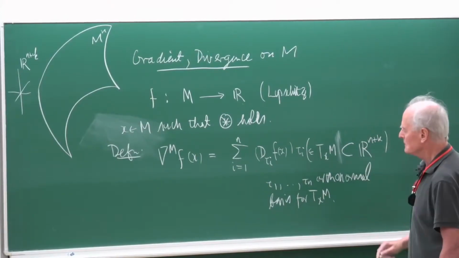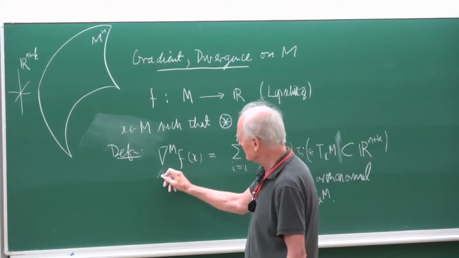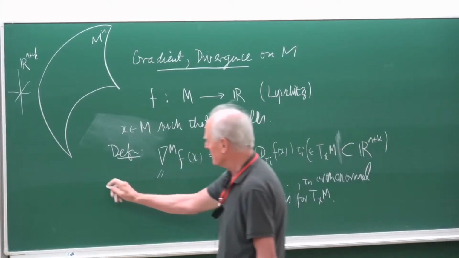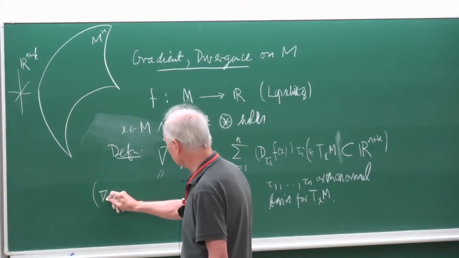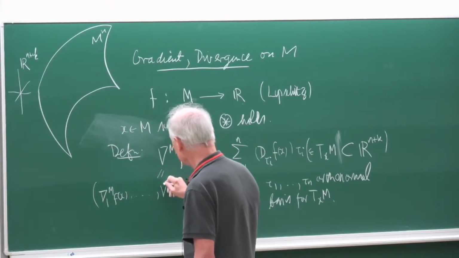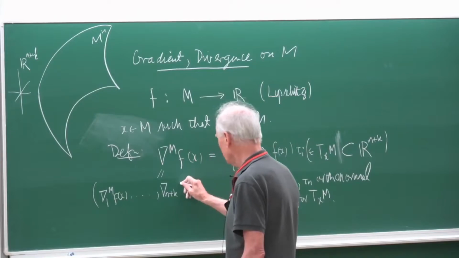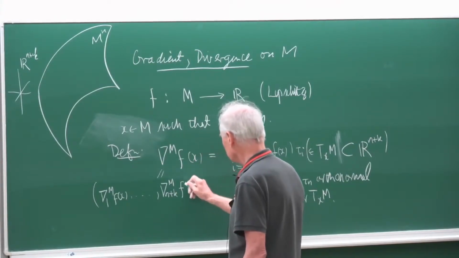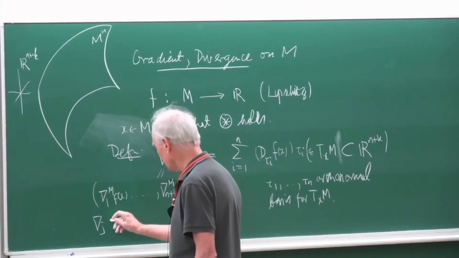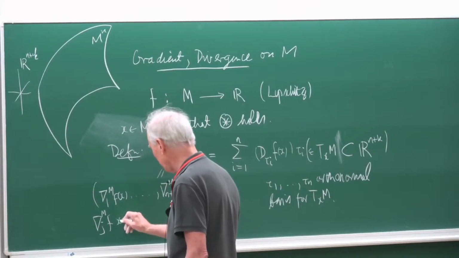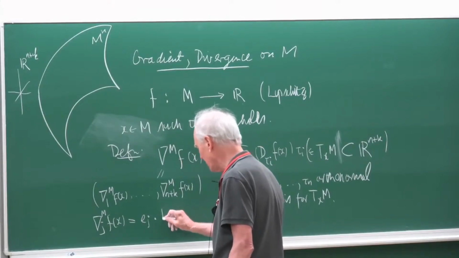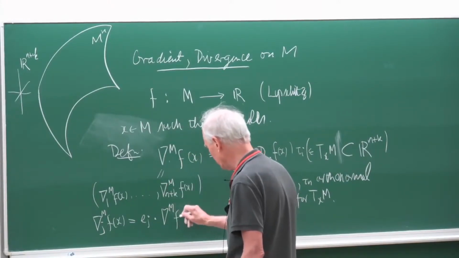That means that this gradient has n plus k components, which we could call grad_1^M f(x) up to grad_(n+k)^M f(x). And grad_j just means the jth component of this vector in R^(n+k). So grad_j f(x) is simply the jth basis vector in R^(n+k) dotted with that vector, grad^M f(x).